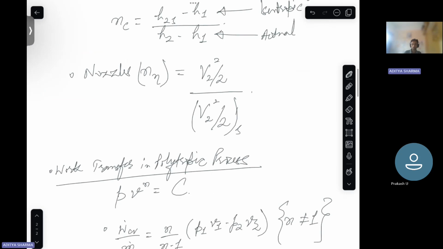Here, V2 is the velocity at the exit of a nozzle, and in the numerator V2 is for the actual case, and in the denominator V2 is for the isentropic case.